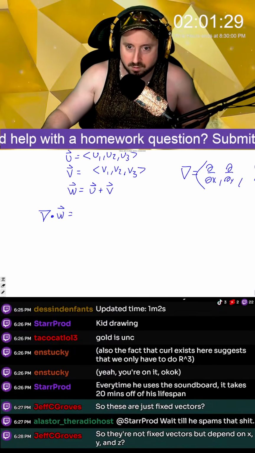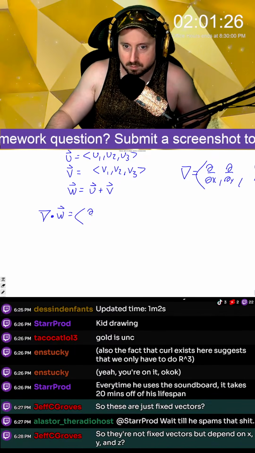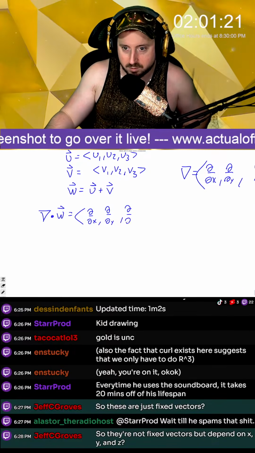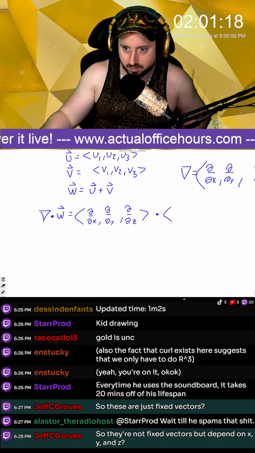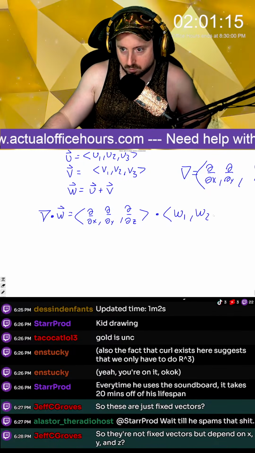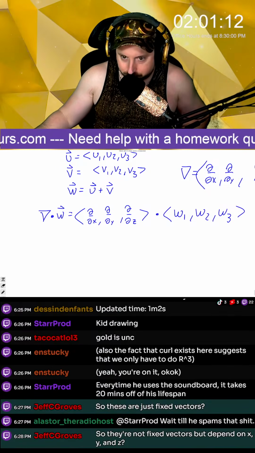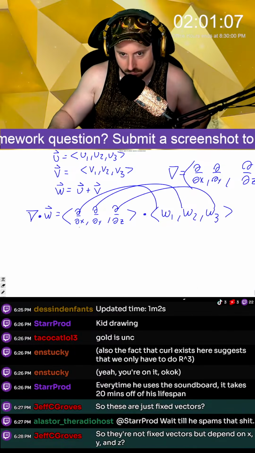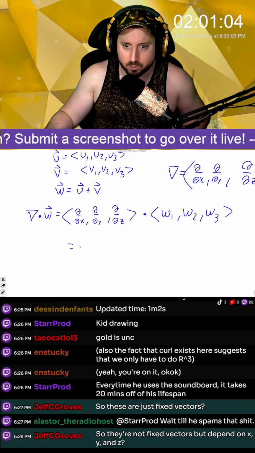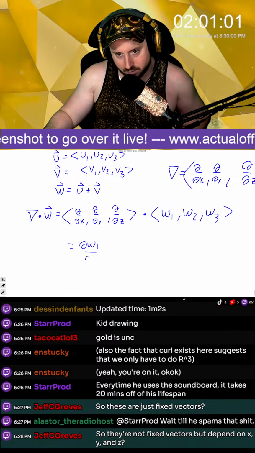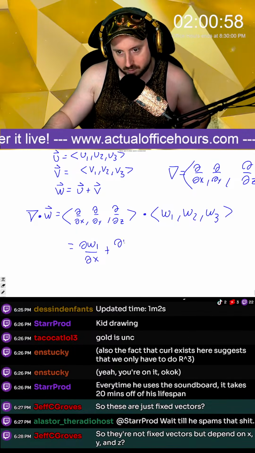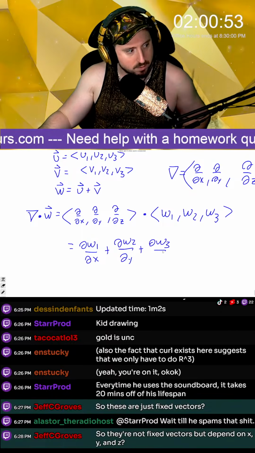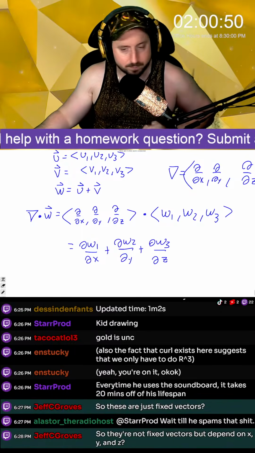So in this case, we have d/dx, d/dy, d/dz dotting with w1, w2, w3, which means each of these acts on the respective component. So this would be equal to dw1/dx plus dw2/dy plus dw3/dz, right?